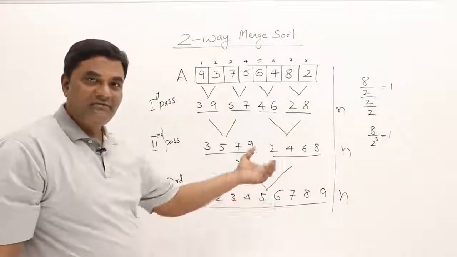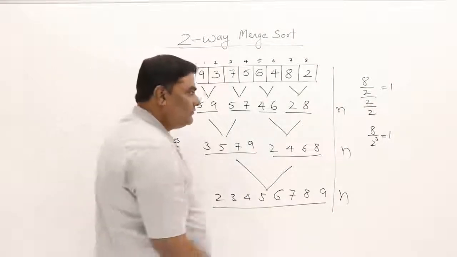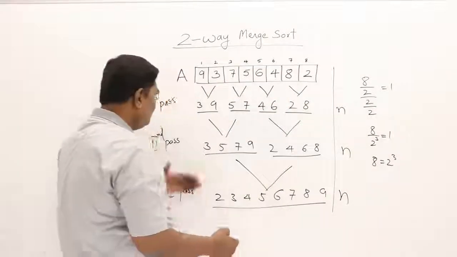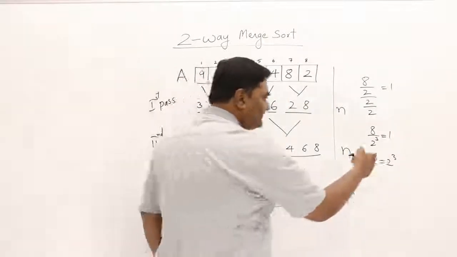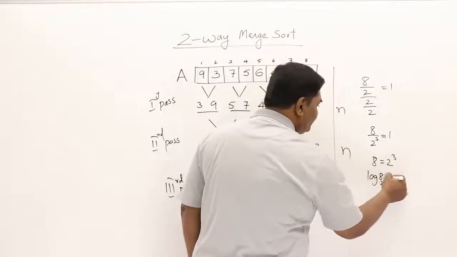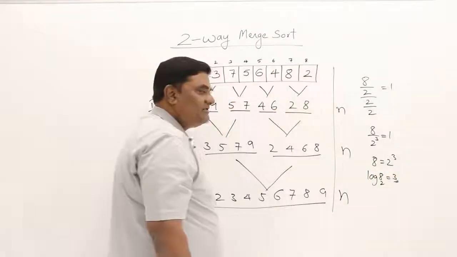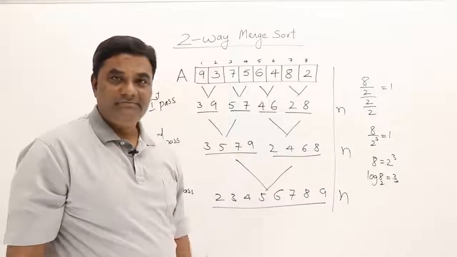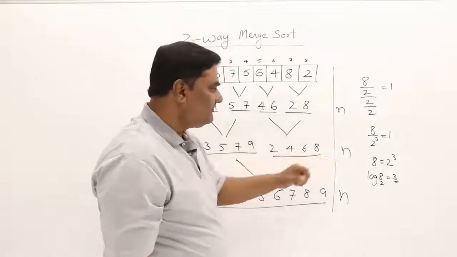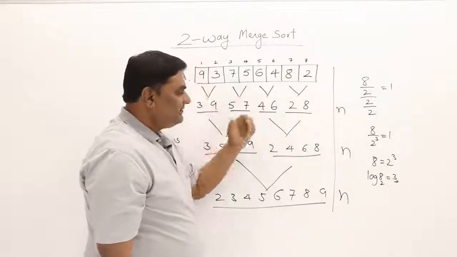Finally we have stopped when it became 1 list. So 8 is equal to 2 power 3. So how many passes? 3 passes. So this is log 8 base 2, that is 3. So it means log of 8 gives me 3. So I can know the number of passes by taking the log of the number of elements.